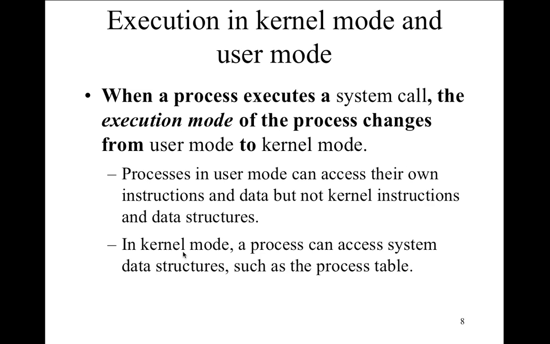Processes in user mode can access their own instructions and data, but not the kernel instructions and not the kernel data. You could never get what interrupts are in the interrupt table, or which processes are in the process control block. You're never going to get that information. So it's protective.